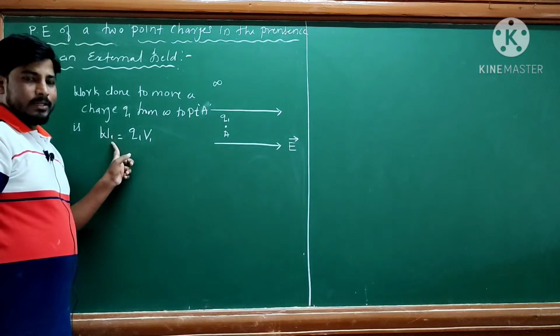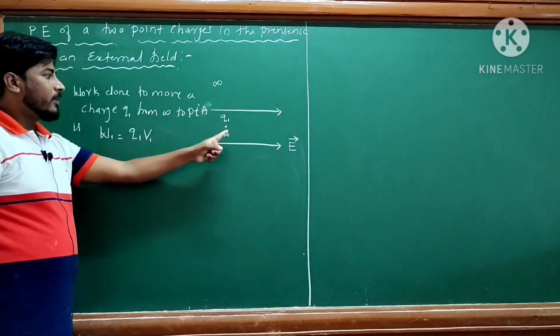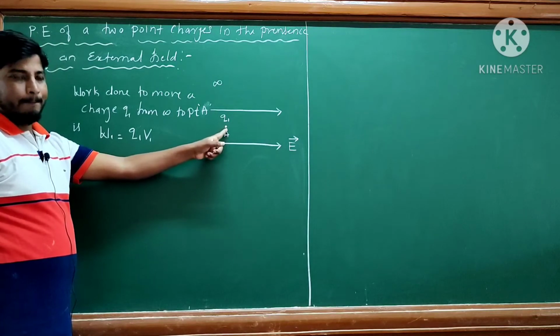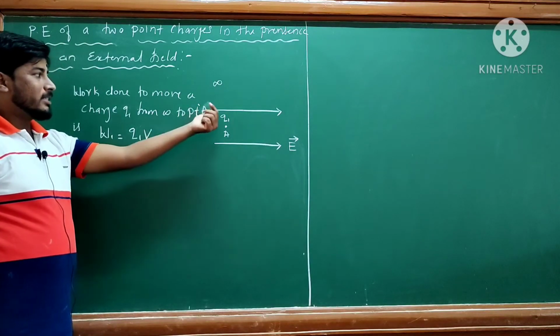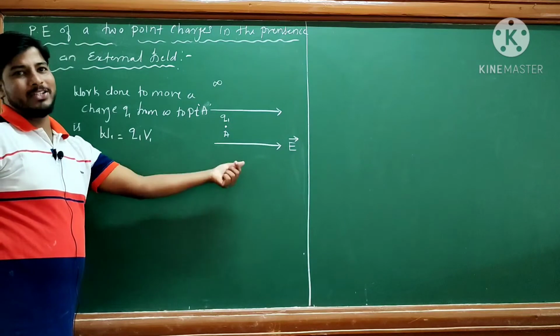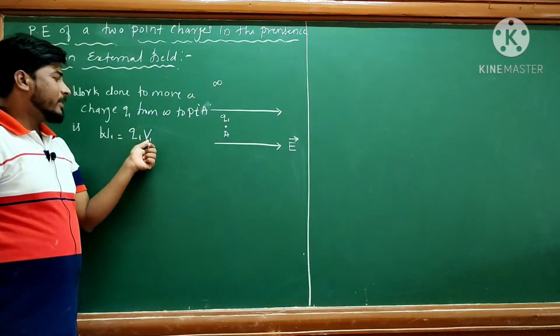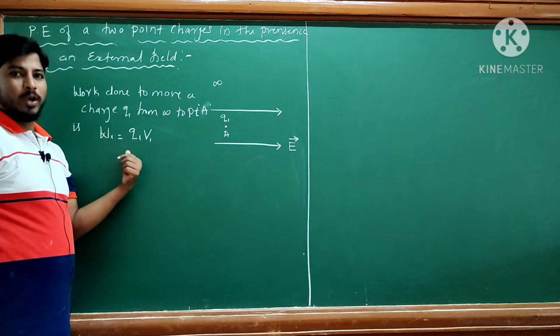W1 is the work done to move this charge Q1 from infinity to this point A, and while placing this charge Q1, it has some potential now. So V1 is the potential due to the charge Q1.